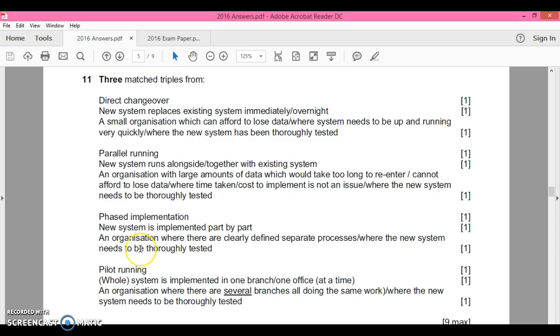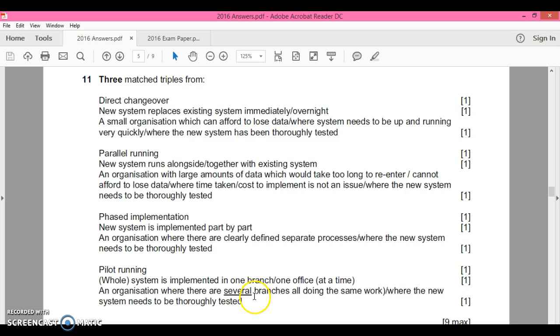Phased implementation is where an organisation has clearly defined separate processes and the new system needs to be thoroughly tested first. Maybe there are departments that are completely separate, so it's just not possible to do a direct changeover or parallel running. The departments might be totally separate and not work together.